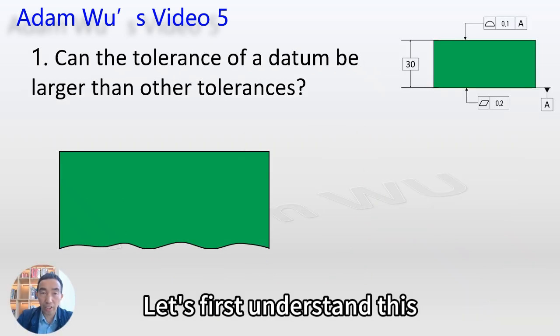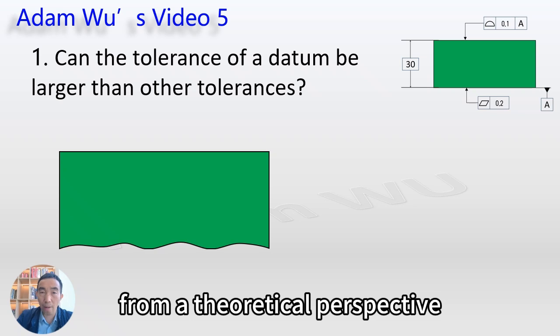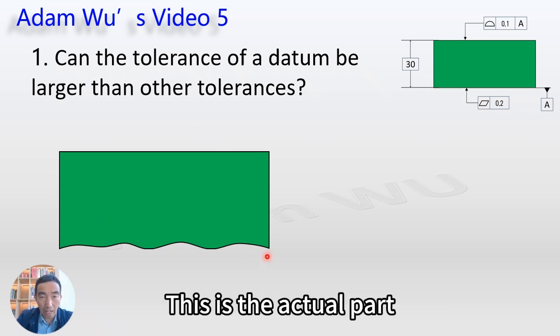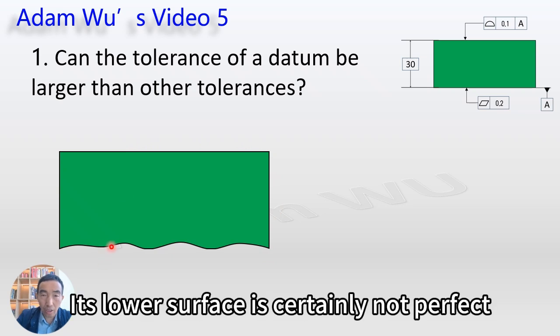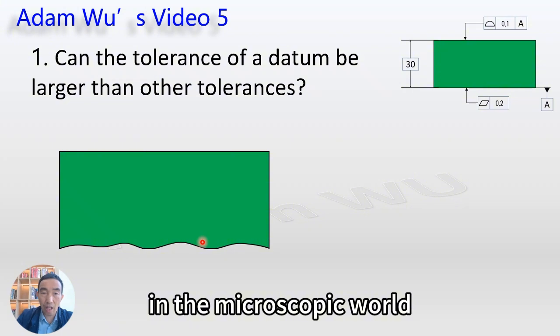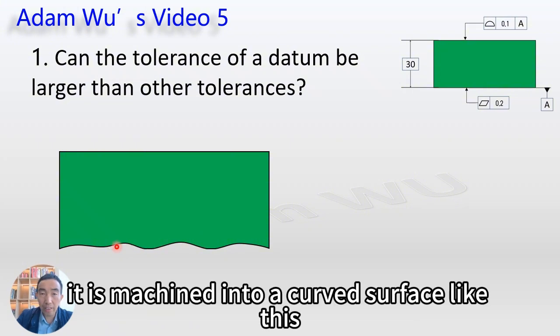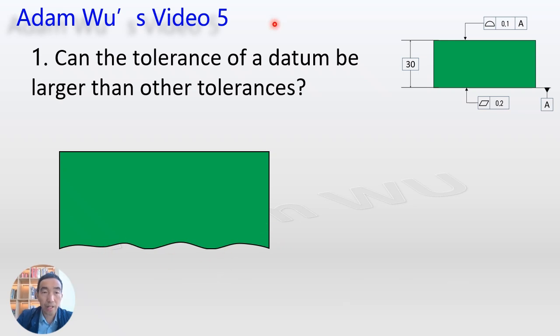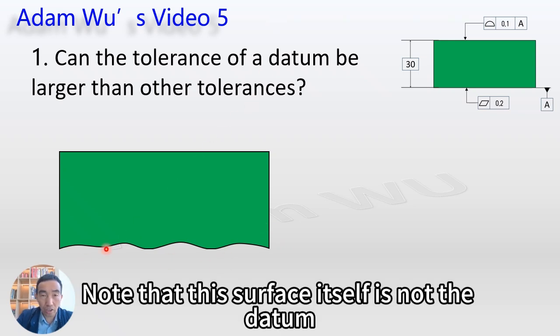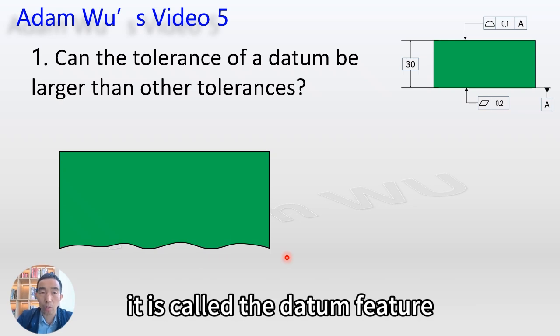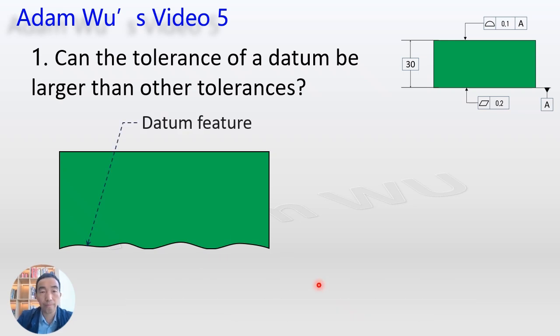Let's first understand this from a theoretical perspective. This is the actual part. Its lower surface is certainly not perfect. In the microscopic world, it is machined into a curved surface like this. Note that this surface itself is not the datum. It is called the datum feature.